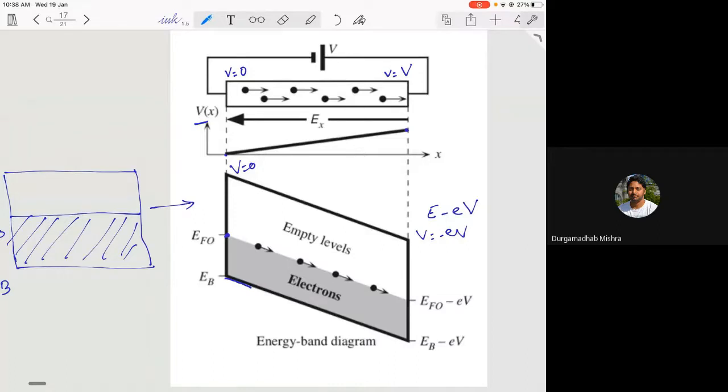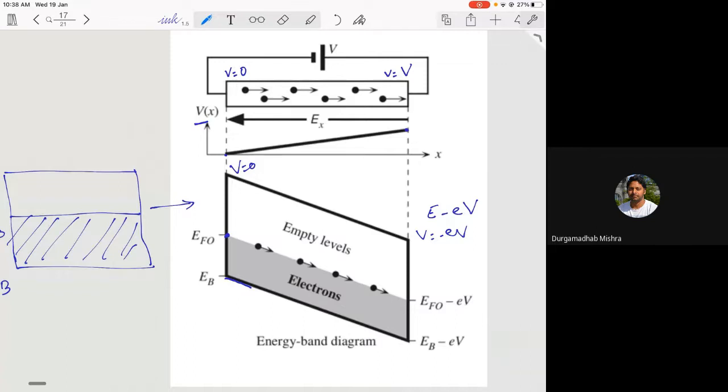So this is an easier way to represent what we explained in the previous picture, where we have this parabolic picture. This can normally be represented in a simpler way by showing that due to the application of an electric field or voltage, you have a band bending.